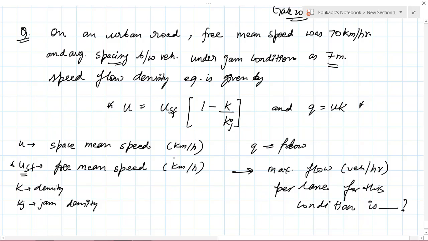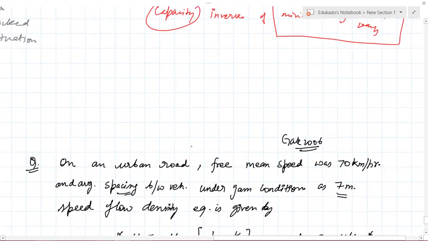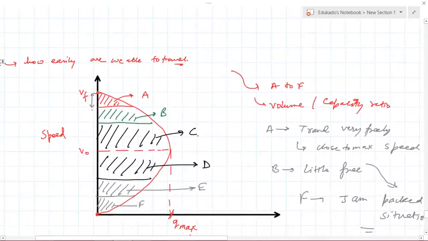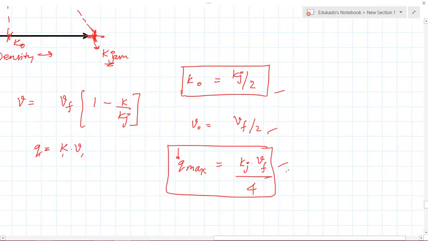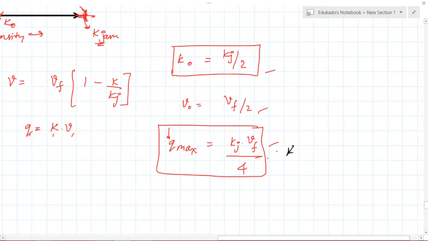For this you need to calculate the Qmax. You can directly go for the part that I derived over here. Not derived, I just gave you the relationship as it is: Qmax equals Vf times Kj over 4.